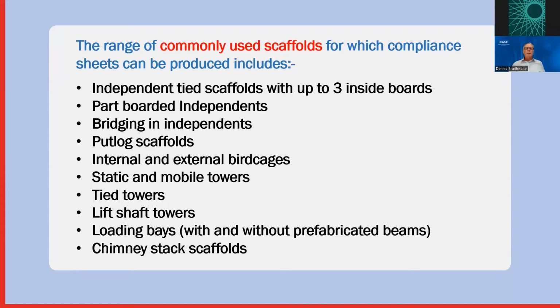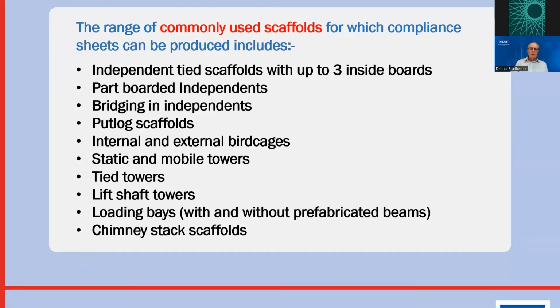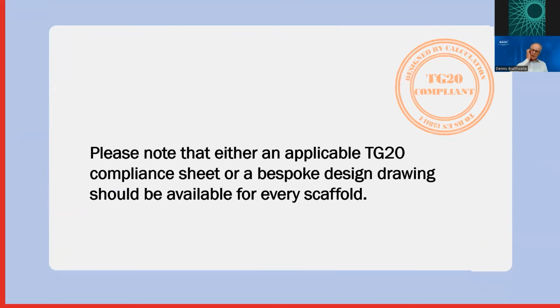So the independent tied scaffolds up to 3-inch sideboards, part-boarded independent scaffolds, bridging in independents, putlog scaffolds, internal and external birdcage scaffolds, static and mobile towers, tied towers, lift shaft towers, loading bays, that's with and without prefabricated beams in them, and chimney scaffolds. So, as I say, they cover probably most of the scaffolds that are erected.